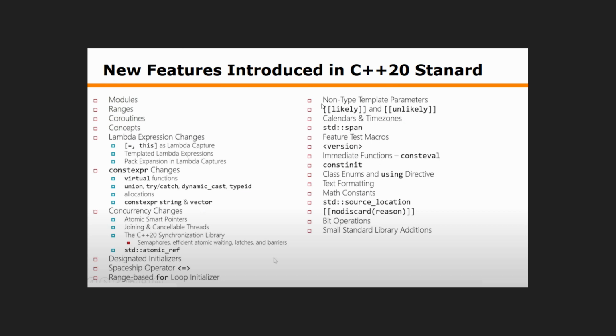Also note that in C++20 standard, support for non-type template parameters is significantly improved. That means modern C++ language expands toward compile time constructs. I will introduce more and more advanced compile time constructs in modern C++ programming.